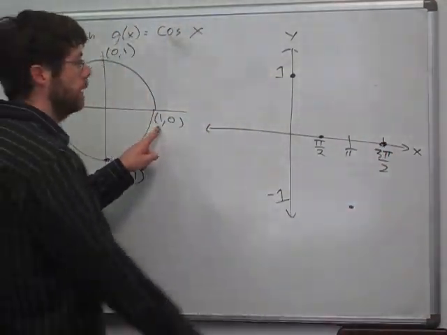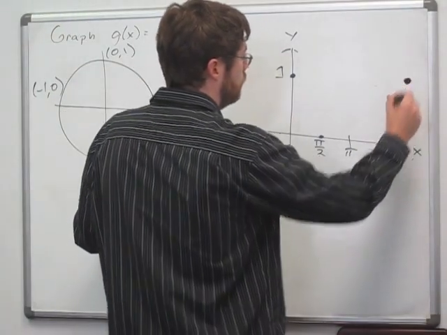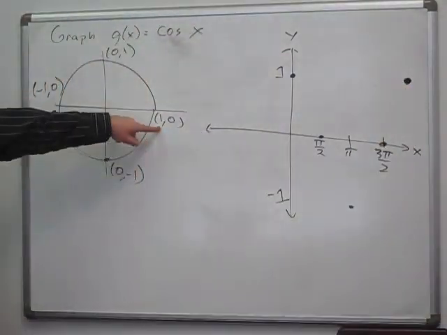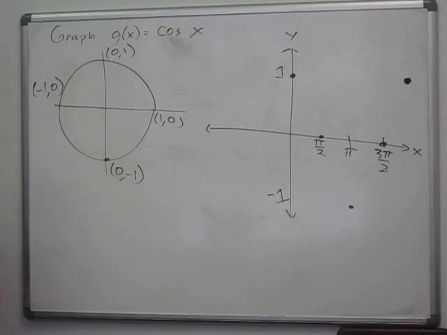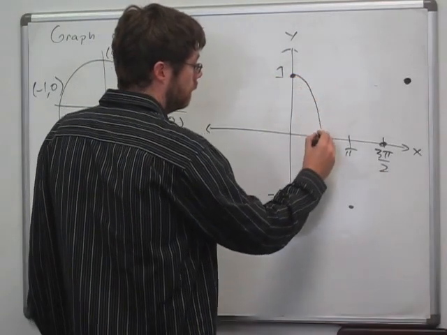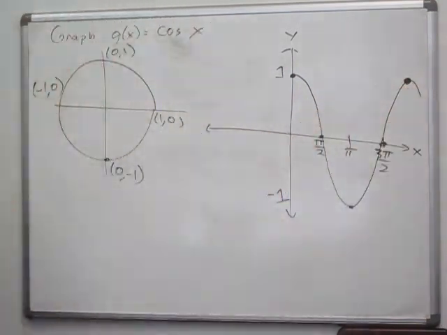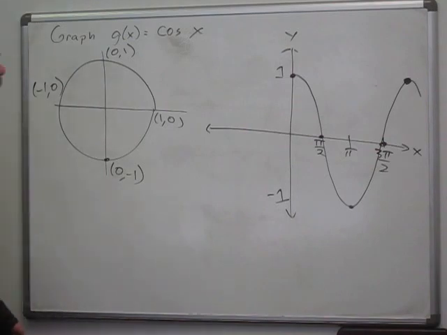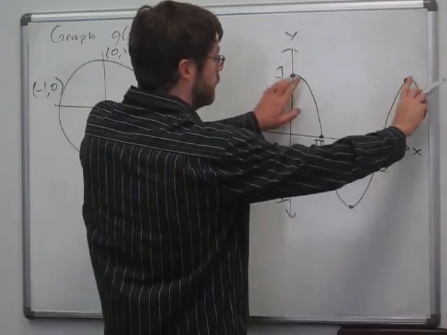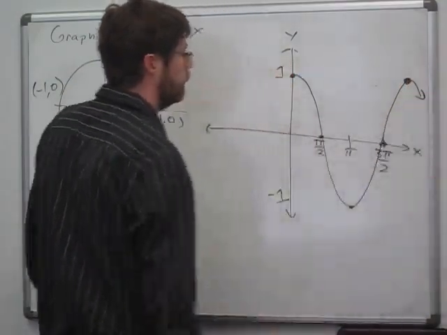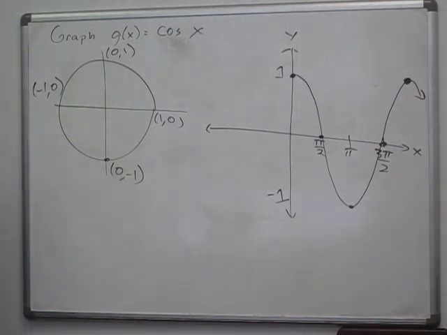And then 2 pi, up to 1. And then since we're going back around the circle, this pattern is just going to repeat. So there's the first cycle and a little bit beyond. This cycle here is just going to copy itself down the line.